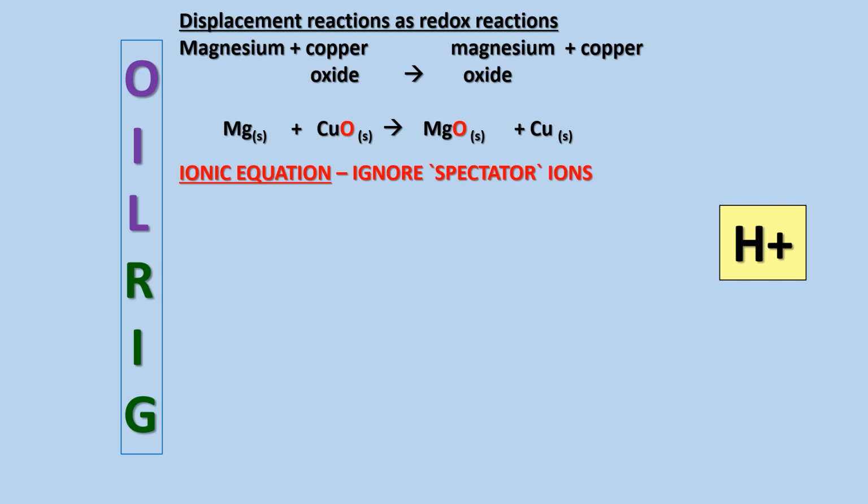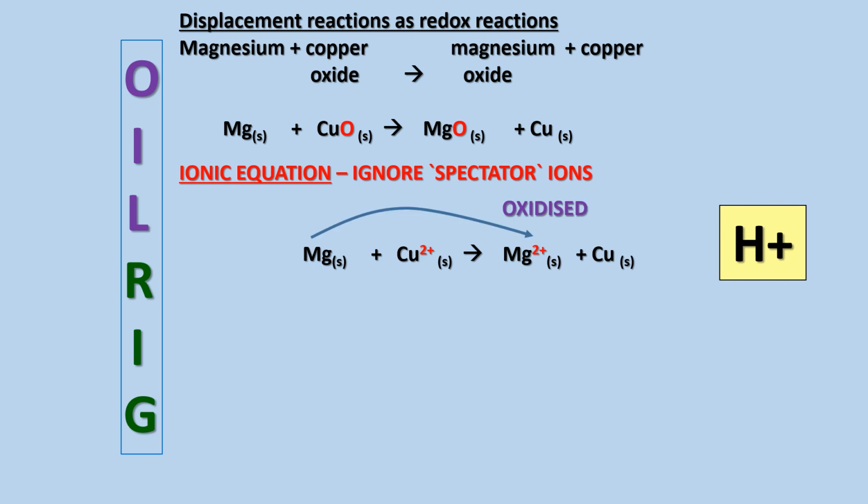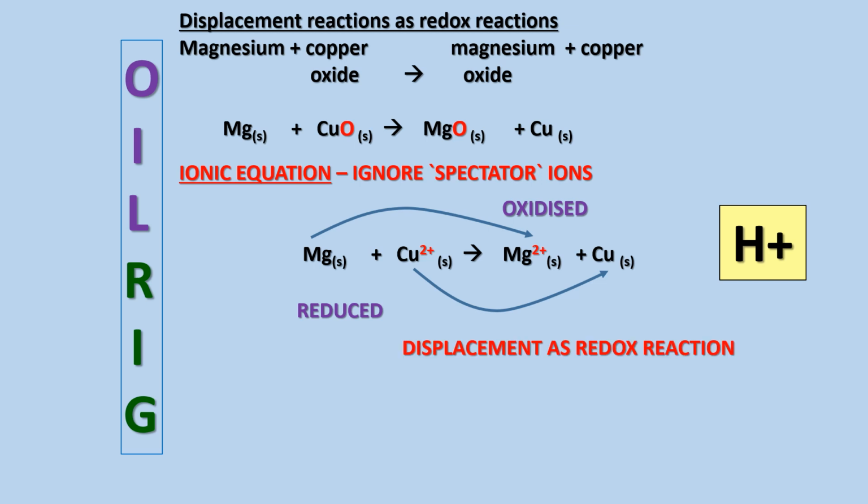Okay, we ignore our red spectator ions and we take them away, and by taking the red oxygens away, we can see that magnesium atoms become magnesium ions, and the electrons from the magnesium go to copper ions to turn them into copper atoms. Magnesium atoms are oxidized to become magnesium ions, and copper ions are reduced to become copper atoms. Displacement as a redox reaction.